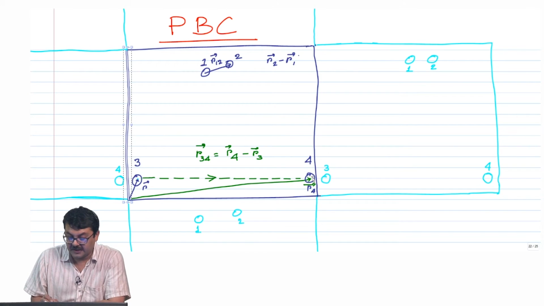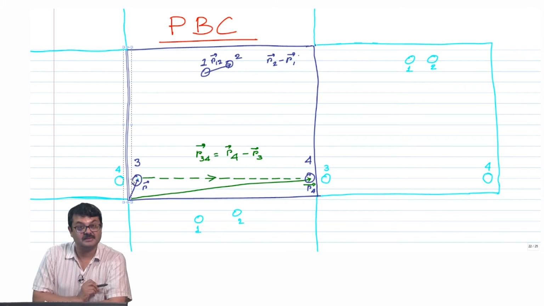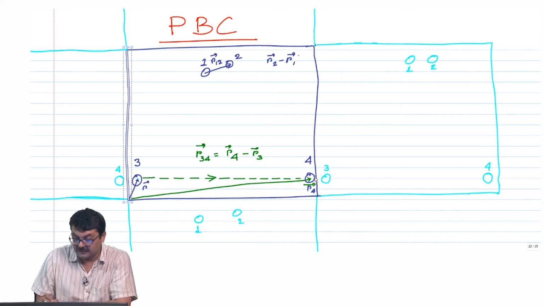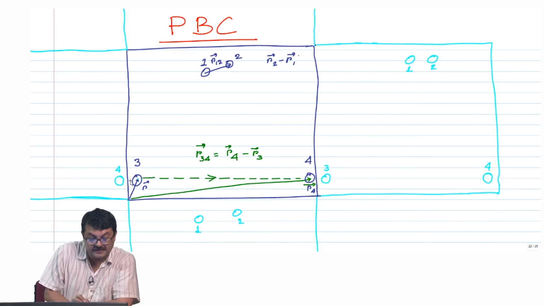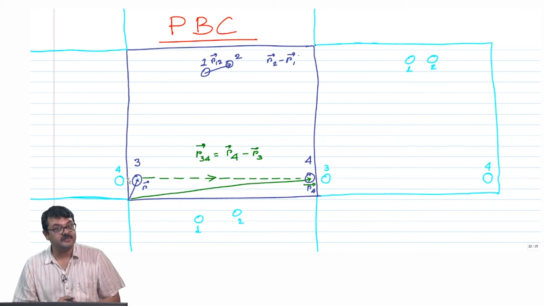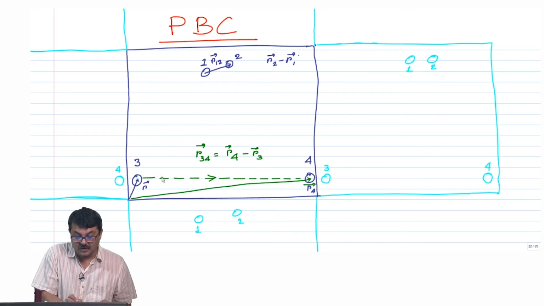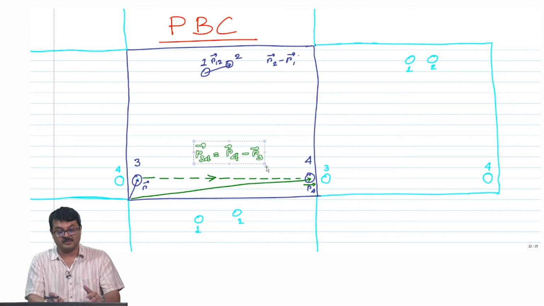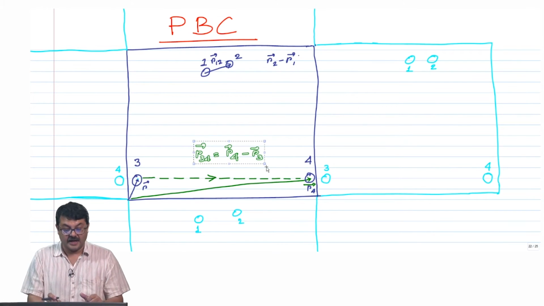And correspondingly, if particle 4 is situated here and particle number 3 is situated here, the actual distance between these two particles, if you even take this part and this part, is actually relatively close. So, the distance is not this distance. It would be unwise of you to use this formula R 4 minus R 3, because that would give a very large distance.